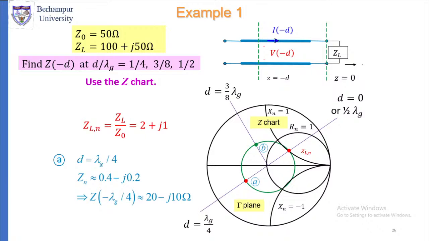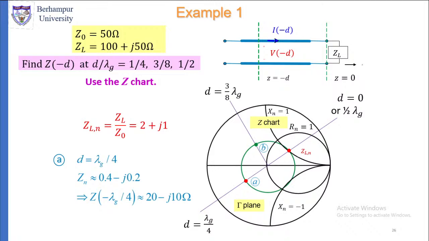Since they have their centers on the y-axis, if they are above y equal to 0, those are positive arcs. Below y equal to 0, those are negative arcs. Positive arcs represent the inductance. Negative arcs represent the capacitance.